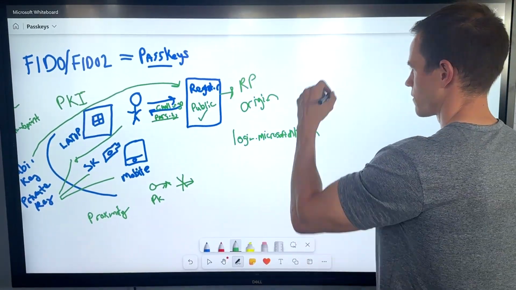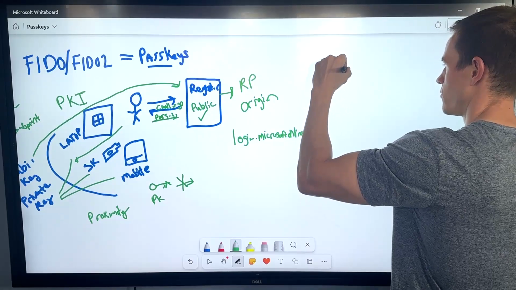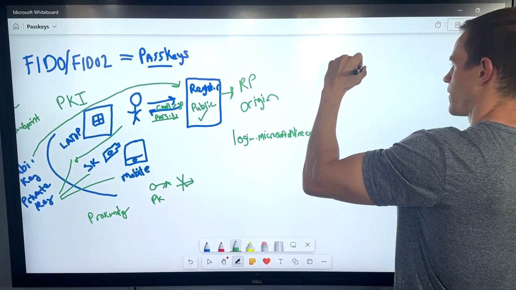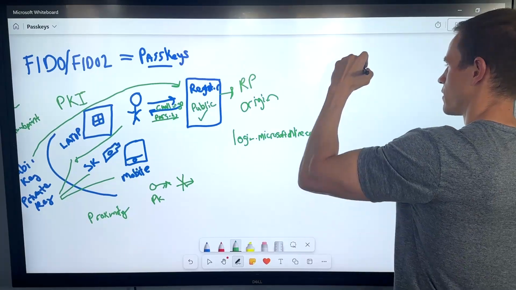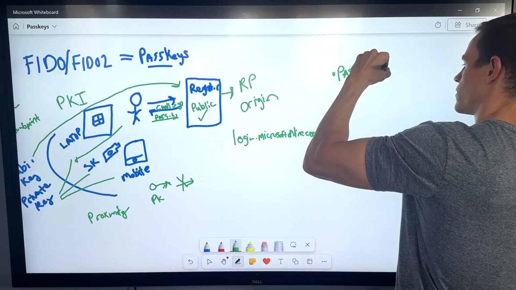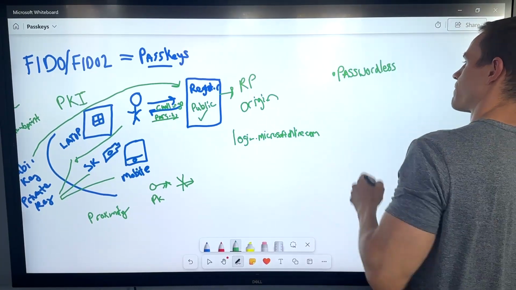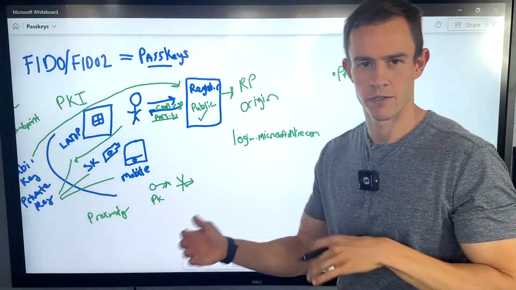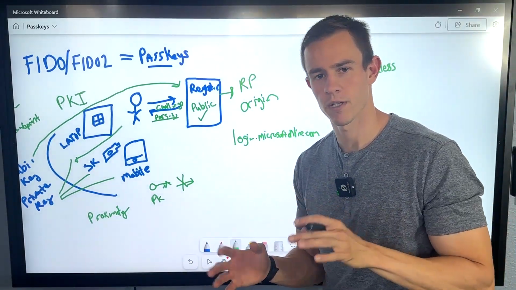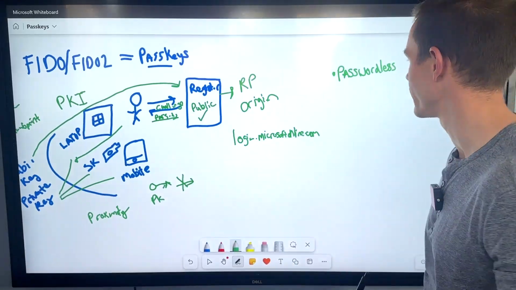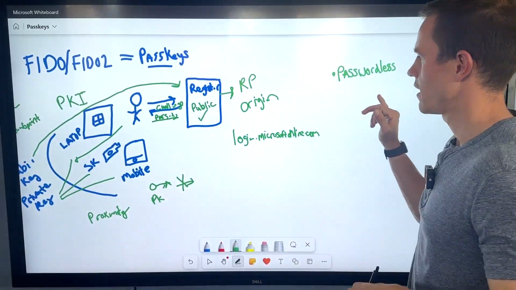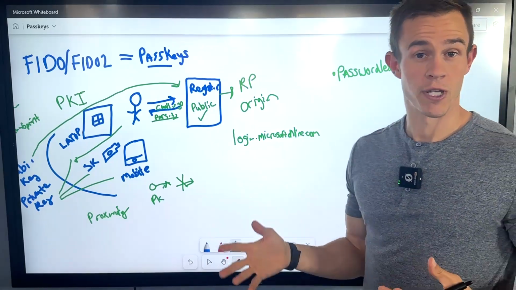But some of the other considerations that this allows you to do here is when we moved up from FIDO1 to FIDO2, we got capabilities to go completely passwordless. So prior to that, FIDO1, you could use username, password, and then the fob or whatever you wanted to do there for your security key, maybe Windows Hello. But now with this, we don't even have to put in a username or password.